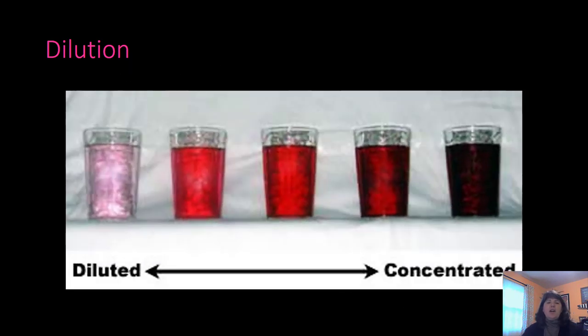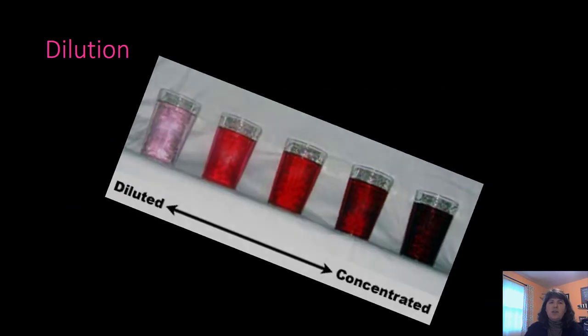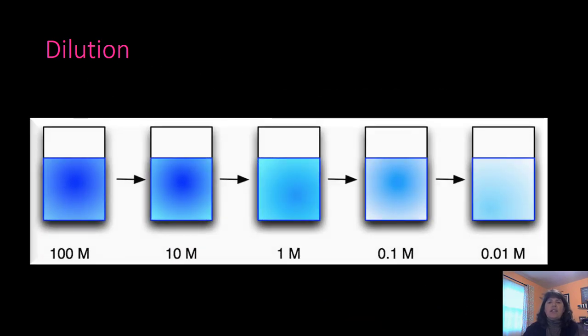If you can see, on one side you have this extremely faded pink, and on the right side it's dark. Well, in order to get from a very concentrated solution into a diluted solution, you just add water. The interesting thing is, when we do dilution, we measure that in terms of molarity.